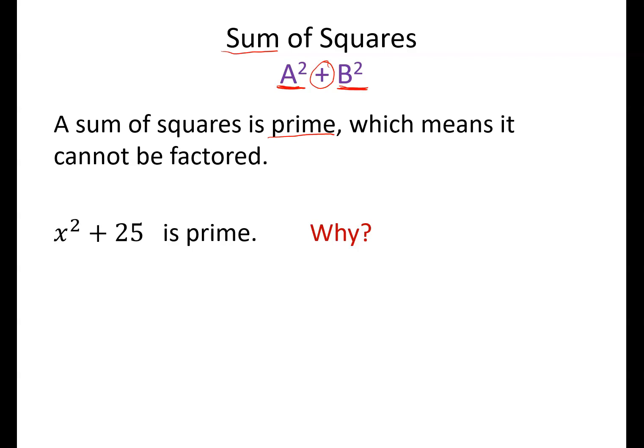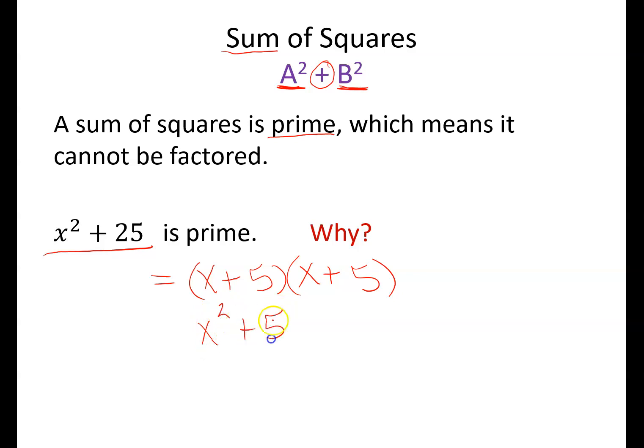So look at this example, x squared plus 25. If we tried to factor that like this, maybe we might think, okay, well, I should put a 5 here because 5 times 5 is 25, and I should put some addition signs in. Well, let's check what happens if we multiply that. We would get x squared plus 5x plus 5x plus 25.